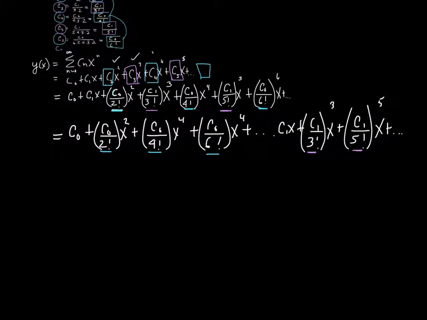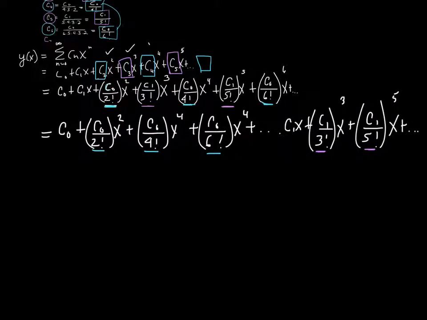Again, I think in problem 2 or 6, after we input our C naught, we usually factored out our C naught. But here we actually have C naught and C1, so we're going to factor both from each infinite sum.